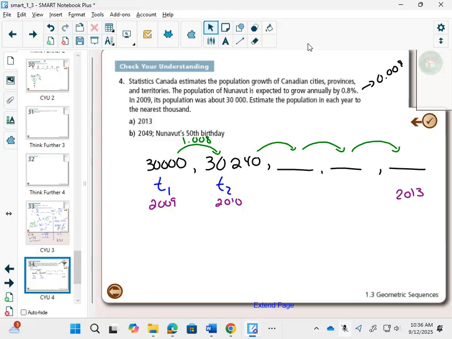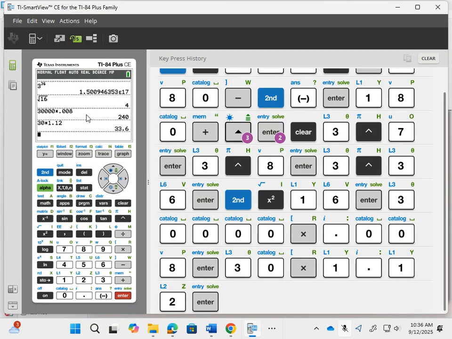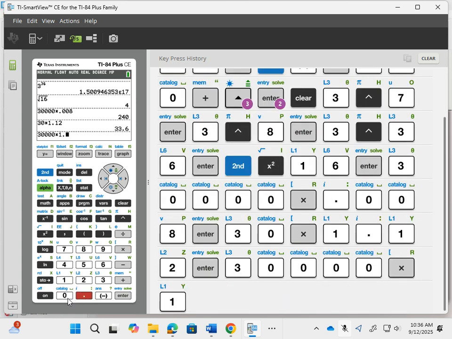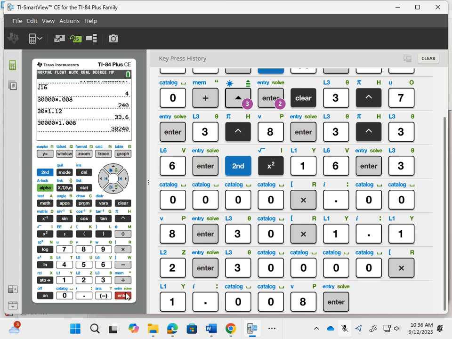And with a calculator, there are some tricks to do. With Excel, you can do tons of stuff. But on my calculator here, 30,000 was my starting point. If I multiply by 1.008, that gets me 30,204.